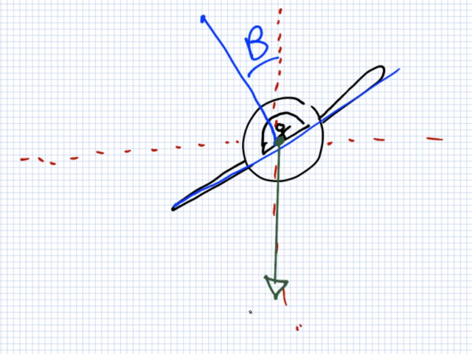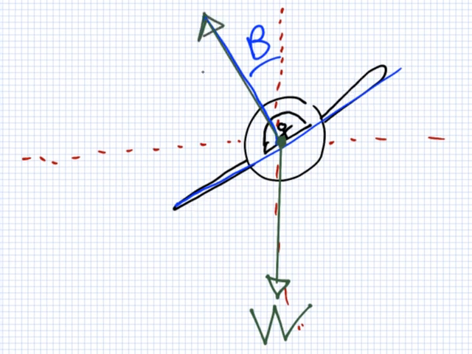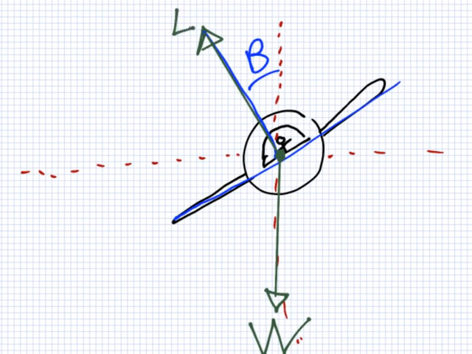There's one force, which is the weight. But there's another force here, and this one is called the lift. It's from the wings that help the plane stay up.